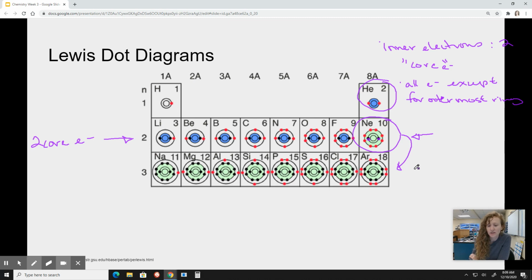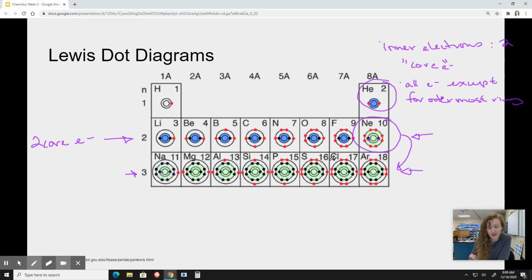How many core electrons does every atom have in the third row? Hopefully you've noticed that you have the two on that first ring, and then you have 8 on the second ring.